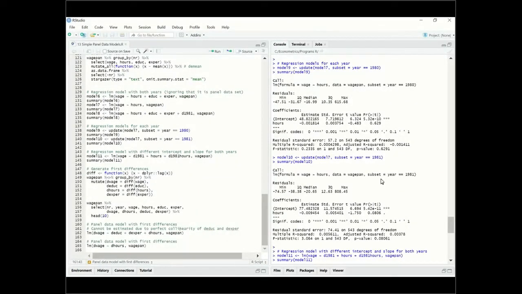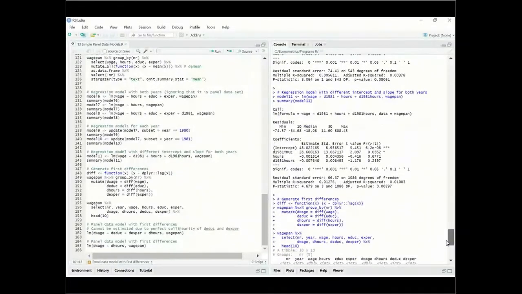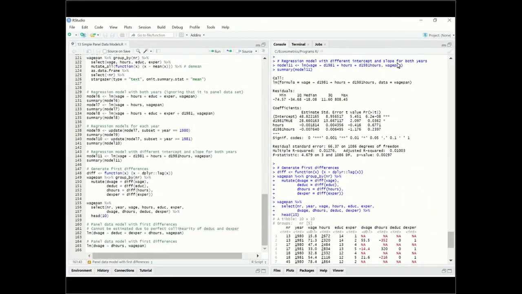And for the second period, we also have that this coefficient is not significantly different from zero at the 5% level.